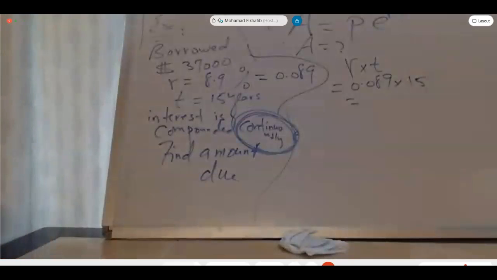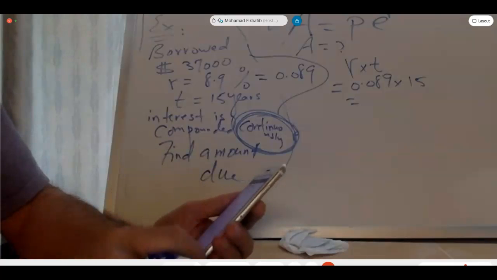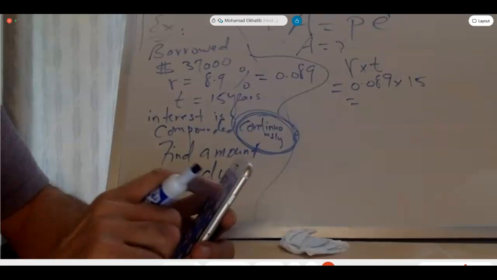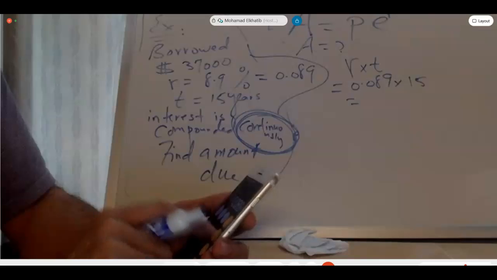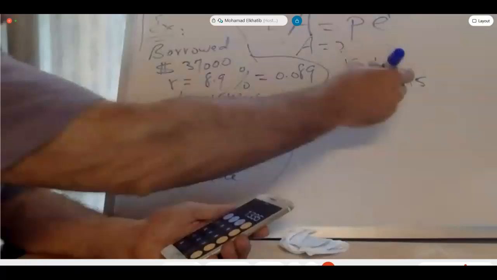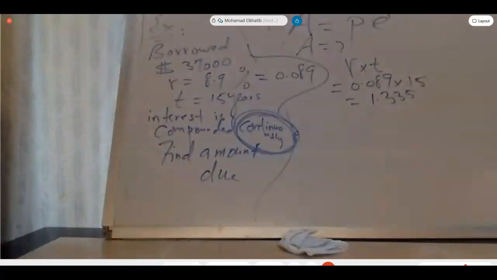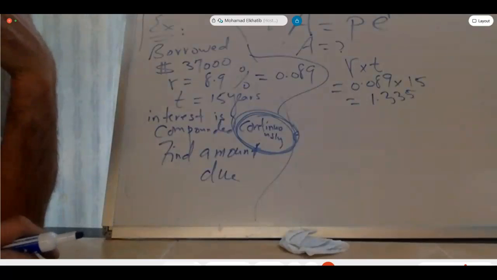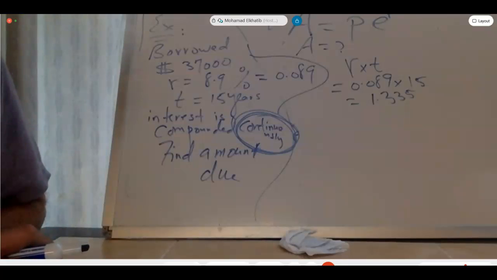So I go to my calculator and I do 0.089 times 15. And I got 1.335. Okay, are we good so far? How we doing?